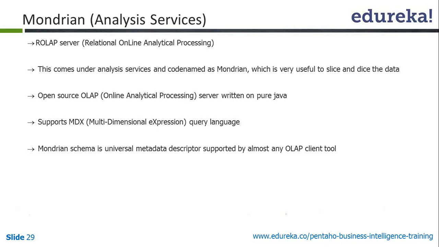So you need to go through this and query your data warehouse to fetch the data. It's relational online analytic processing. This comes under analysis services and is codenamed Mondrian, which is very useful to slice and dice the data. This is very useful because for analysis purposes, you need to drill down and drill through your data.